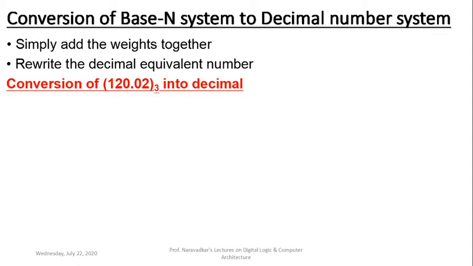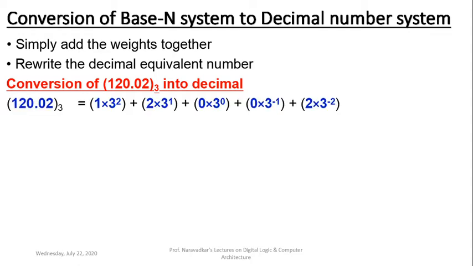Now how can this conversion be done? Here that number is written. 120.02 ternary is equal to the weights of each digit from that ternary number added together.